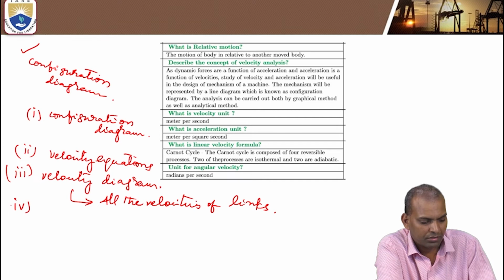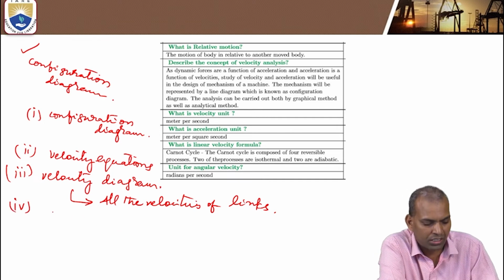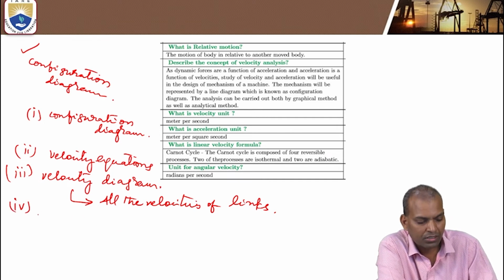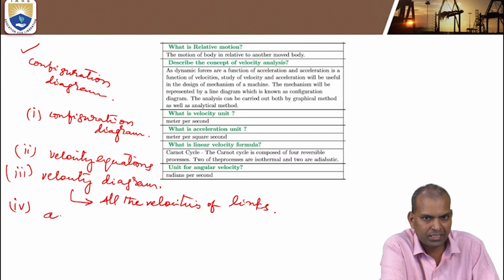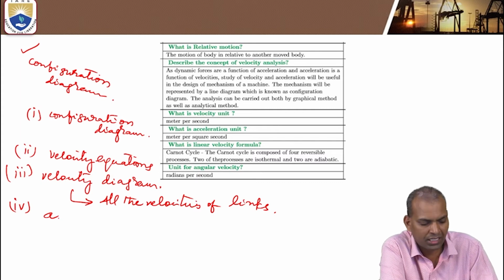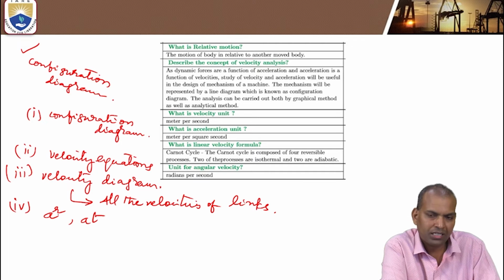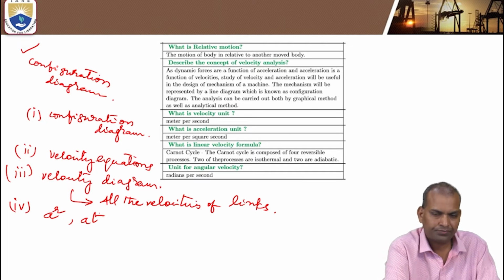Then, after calculating velocities of links, for drawing the acceleration diagram, we need two types of accelerations. One is radial, another one is tangential, AR and AT. We have to calculate them.